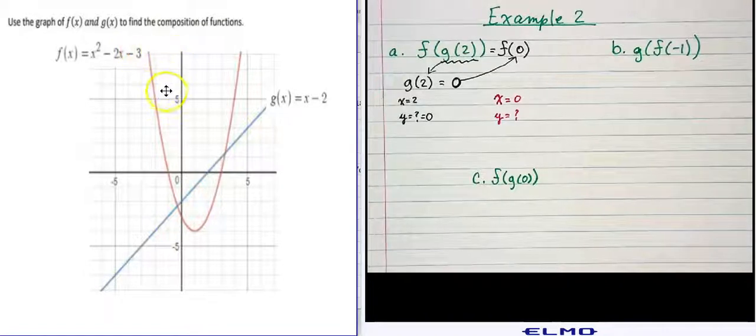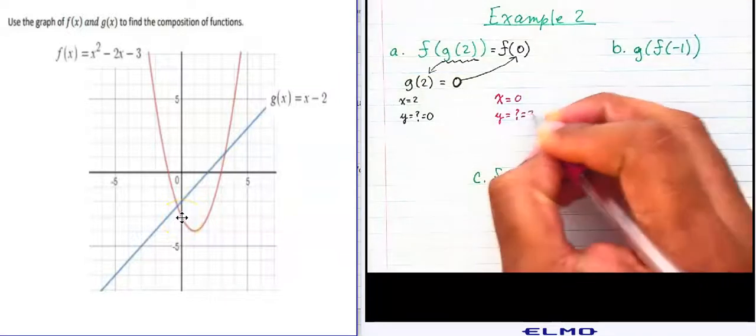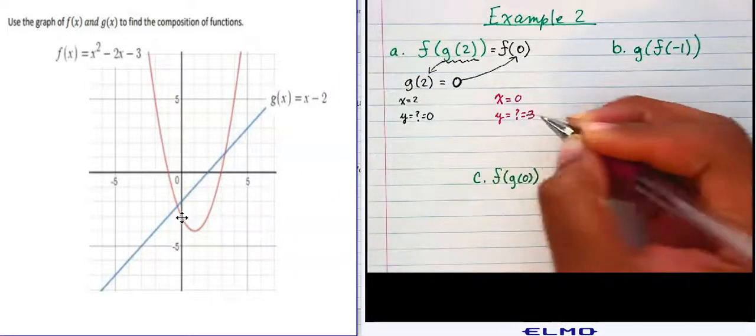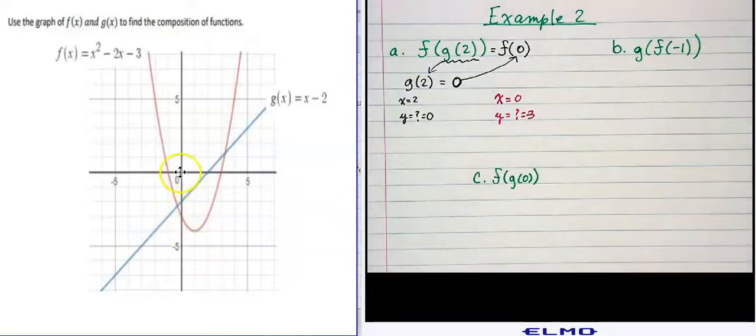So here, when x equals 0, you look down at your purple function, so we come down until we get to the number. That's this part right here. And your y value is -3. So again, when x equals 0, y goes 1, 2, 3.